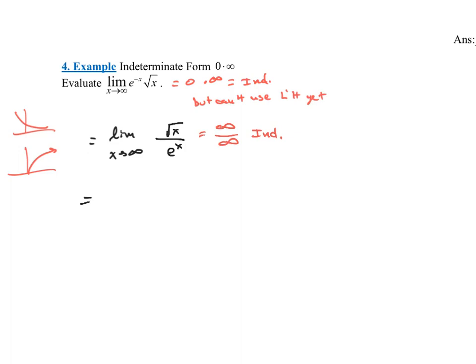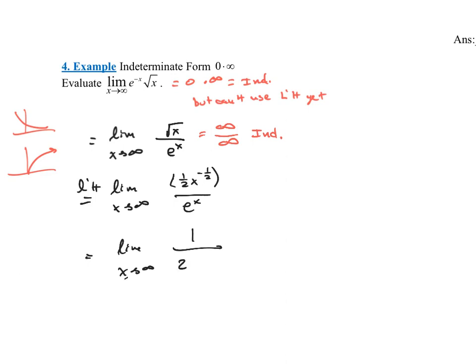So now using L'Hopital's rule, this is the limit as x approaches infinity of, well, what's the derivative of the square root of x? It would be 1/2 x to the negative 1/2, right? And then what's the derivative of e to the x? It's simply e to the x. So let's clean this up. This is the limit as x approaches infinity of, well, all there would be on top is a 1. Then we'd have 2 times the square root of x times e to the x, all on the bottom.